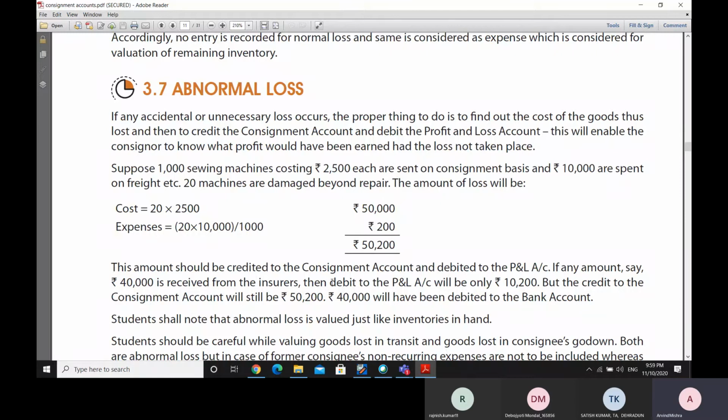If we get some money from the insurance, let's say 40,000, we will debit that money in the bank account, and of course the credit entry would be according to when we claim the insurance, the insurance claim account and things like that, as we would see in other cases where insurance is claimed.